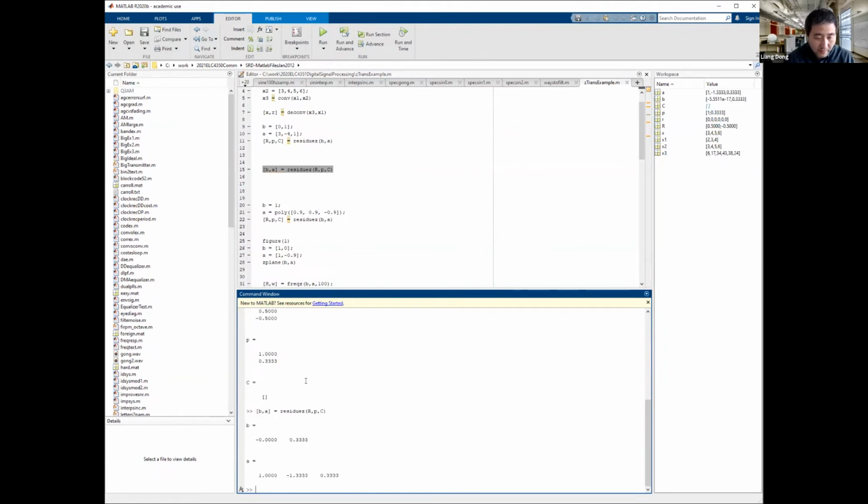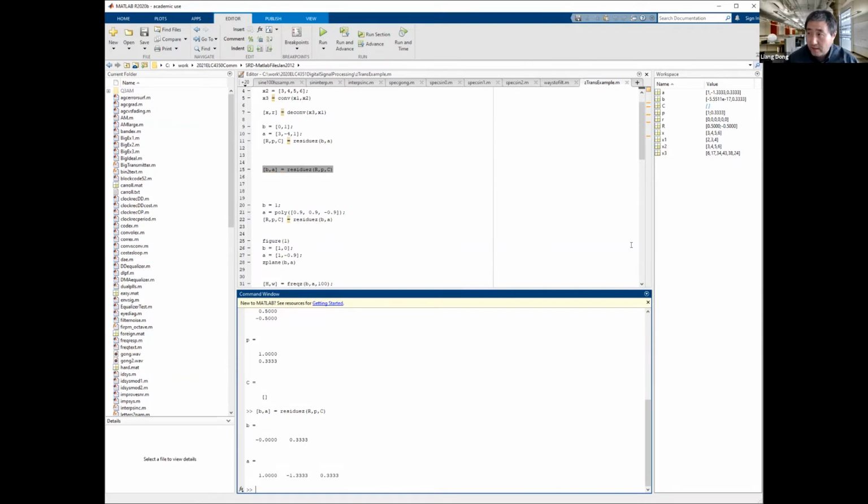I recover back B, the vector of those two coefficients, where the first one is 0. The second one is 1/3. A is the coefficient of the denominator. It's 1, -4/3, and 1/3. In this case, everything is normalized.